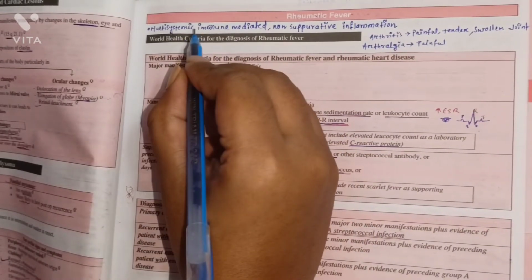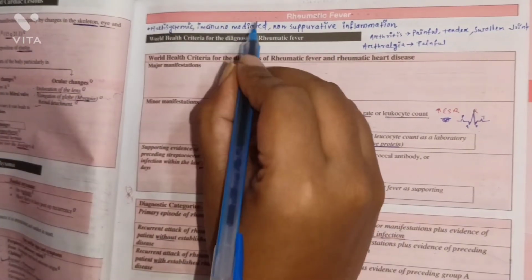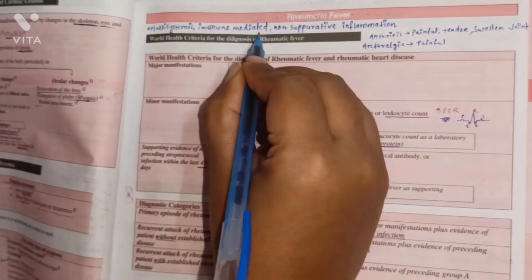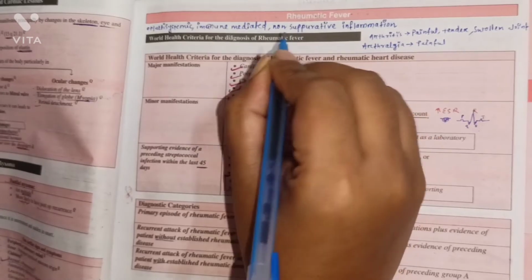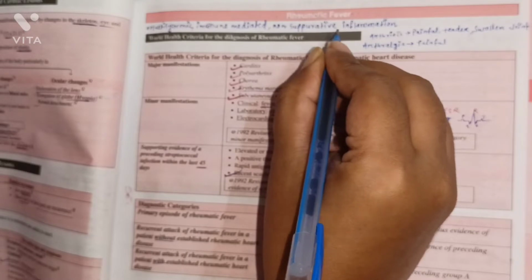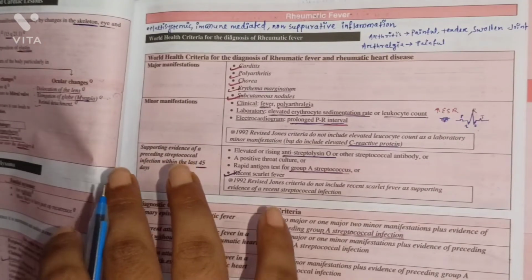So, rheumatic fever affects many systems of our body and it is immune mediated. Okay, and it is non-suppurative because here suppuration is absent, and non-suppurative inflammation is an inflammatory condition without suppuration.